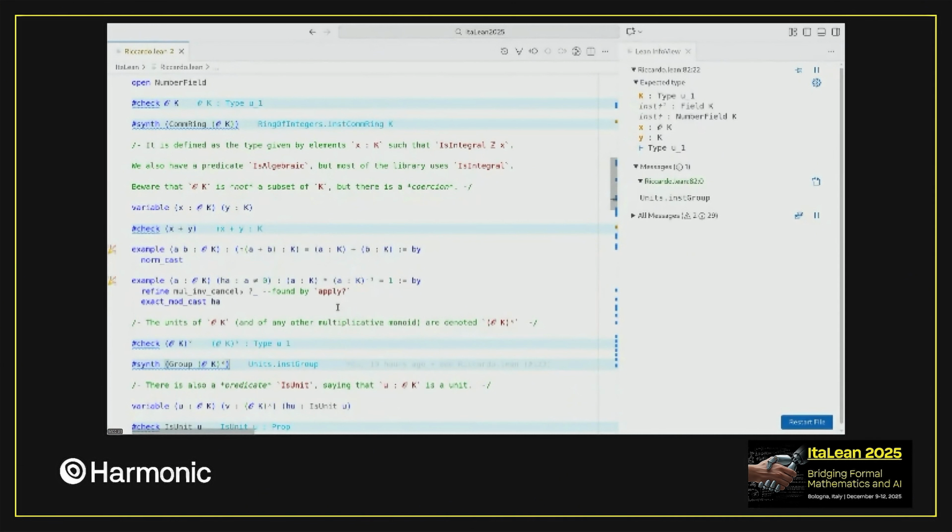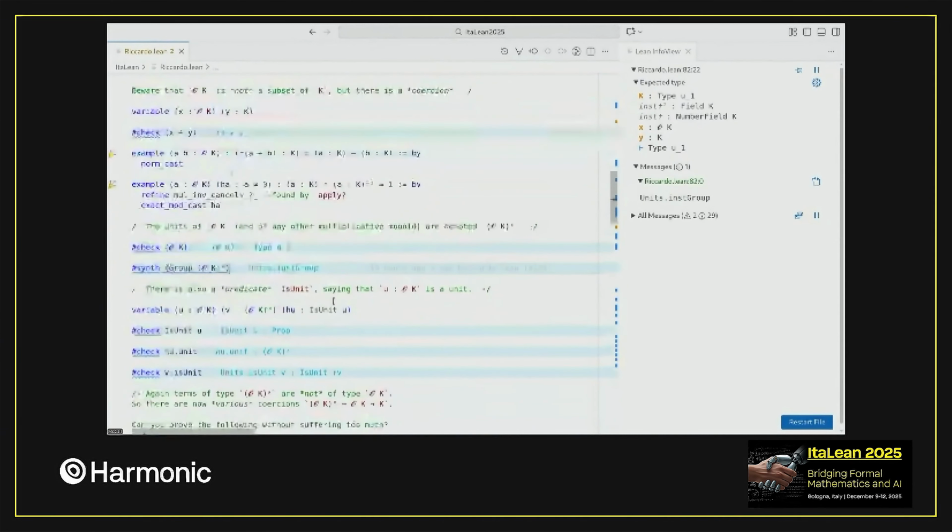Okay? And there is also a predicate. So there are two things you can do about the units. You can start with actually a unit, so an element of this new type, or you can say that an element of the ring of integers is a unit. And so we have this predicate is unit, and you can more or less move between these two notions if you want.